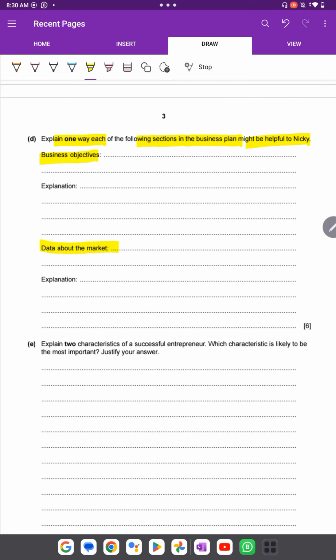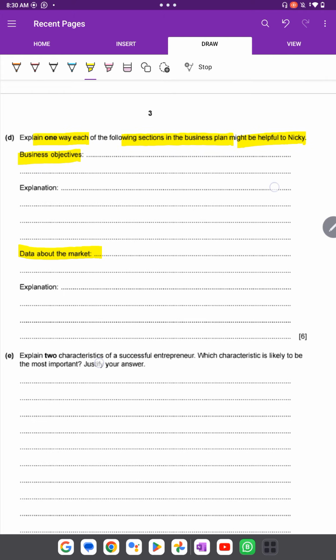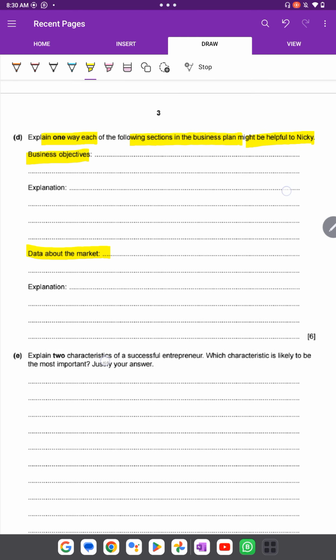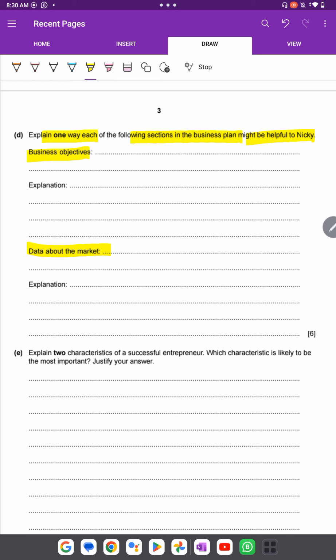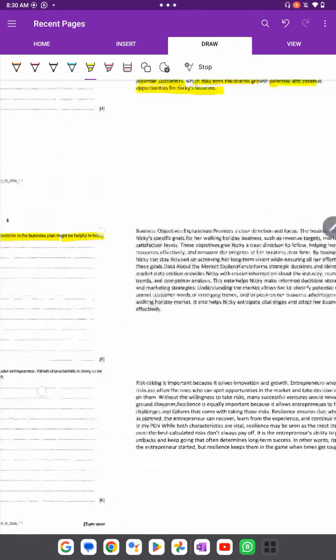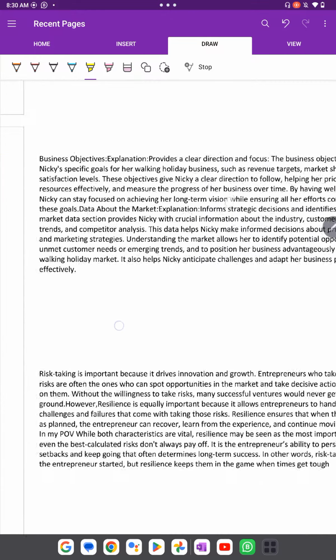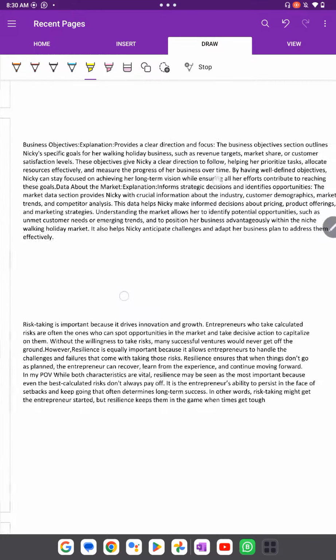So how will writing about the business objectives and data about the market in the business plan be helpful for Nikki's business?